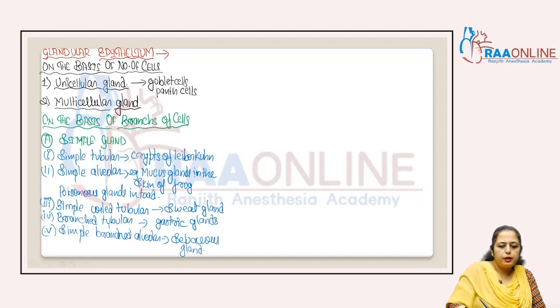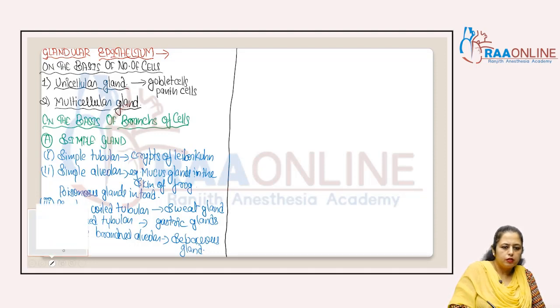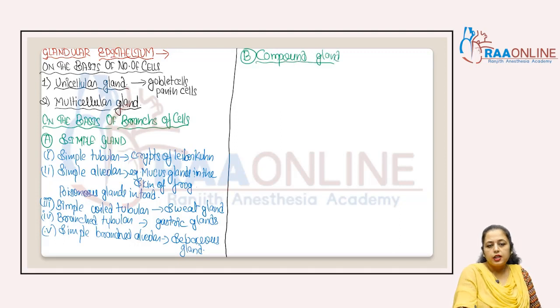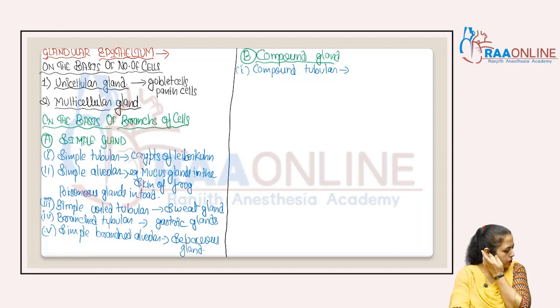So these are the types of the simple gland, and same as that, when we talk about the compound gland, there are 3 types: compound tubular gland.